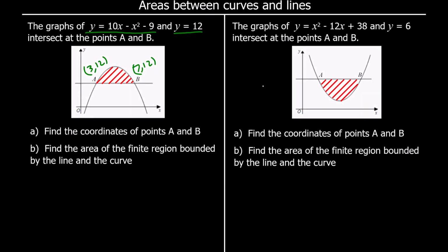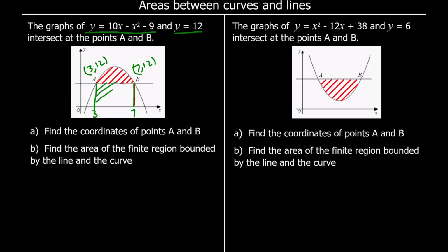Part B, find the area of the finite region bounded by the line and the curve. So if we integrate between 3 and 7, we will find this total area, straight down from B, straight down from A. But we don't want the whole area.